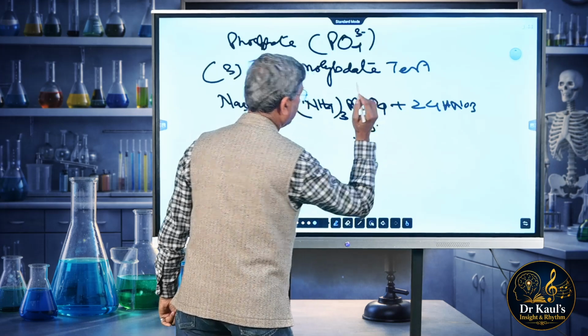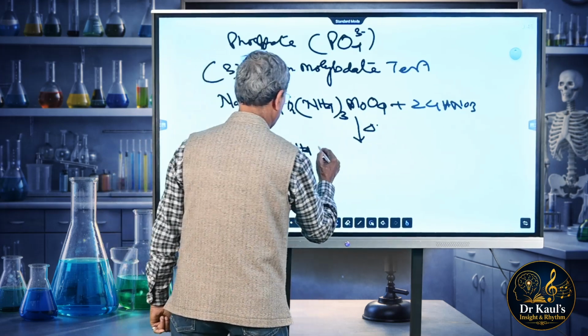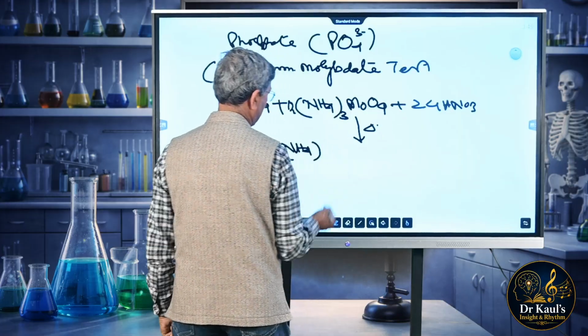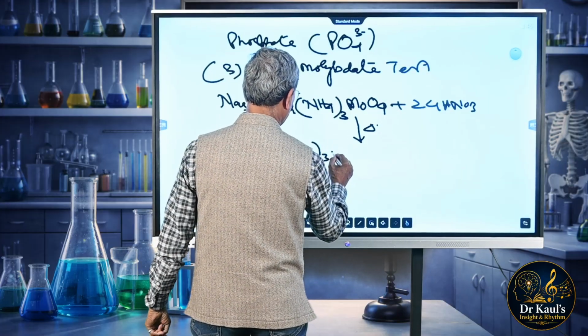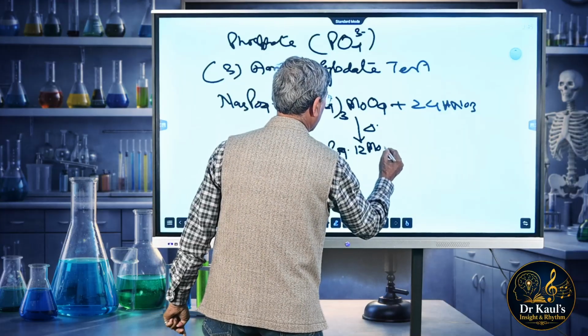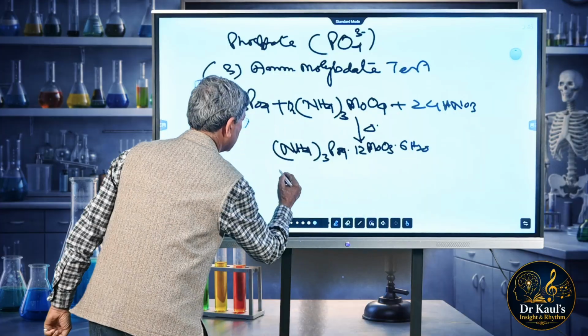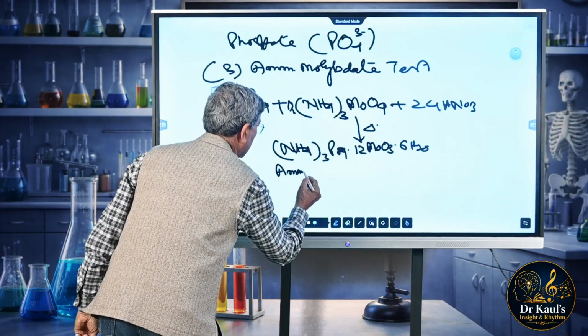We heat it, we get the formation of ammonium phosphate dot 12 MoO3, 6 water molecules. This is known as ammonium phosphomolybdate.